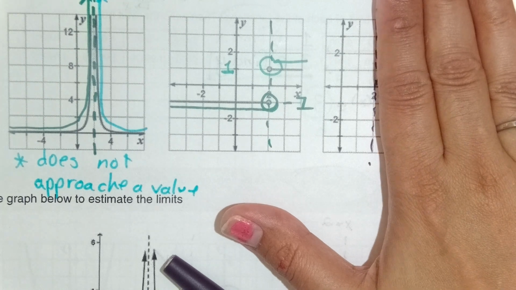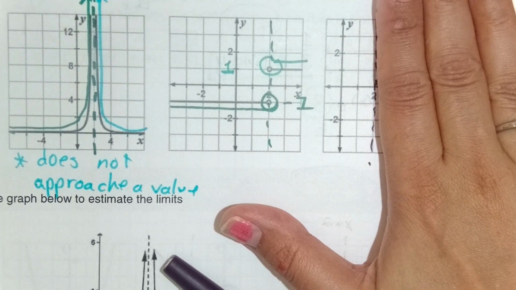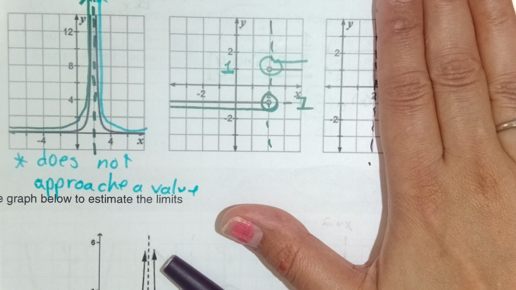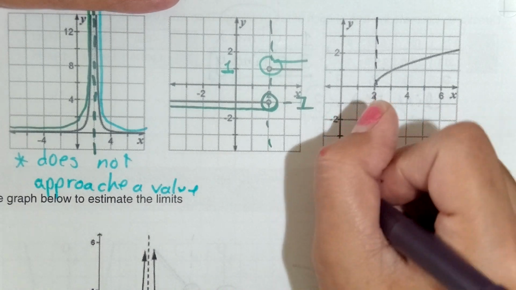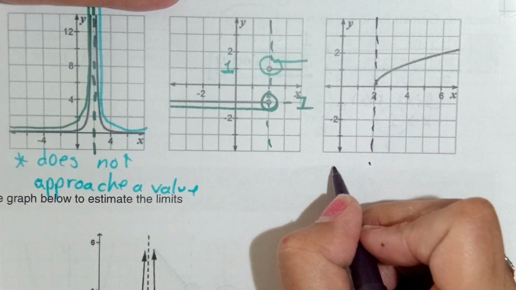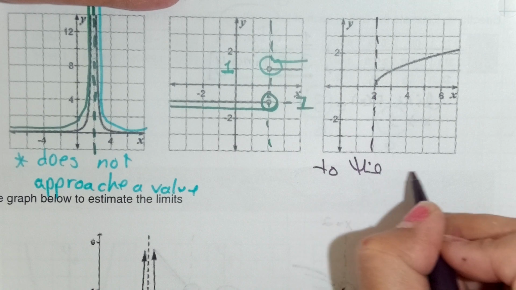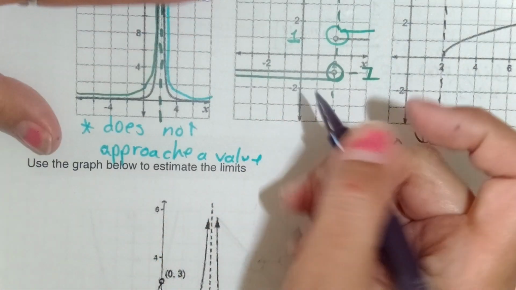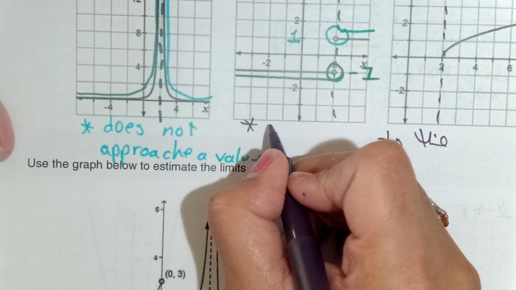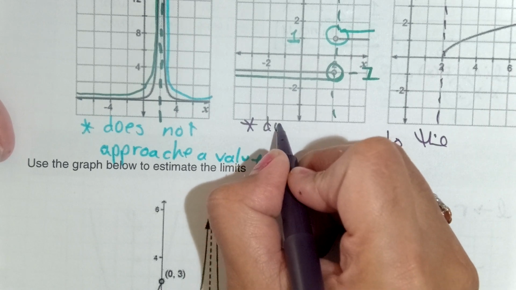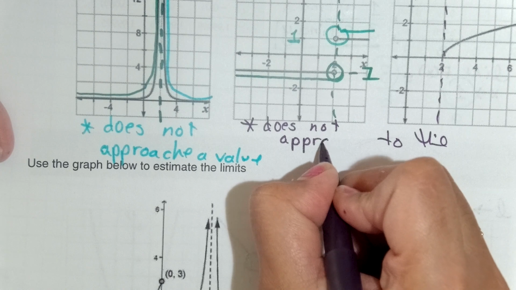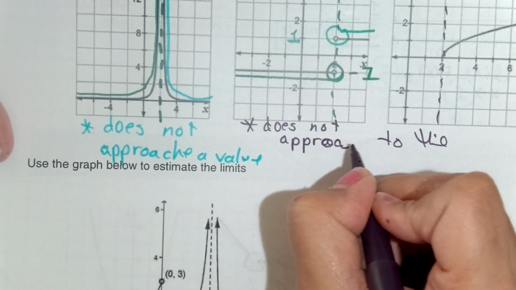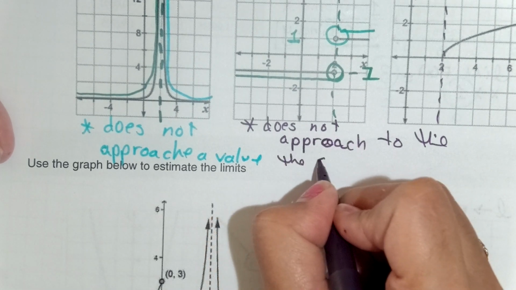This doesn't exist because I cannot determine what's going on with the left side of the graph. Let me write the rationale here: does not approach the same number.